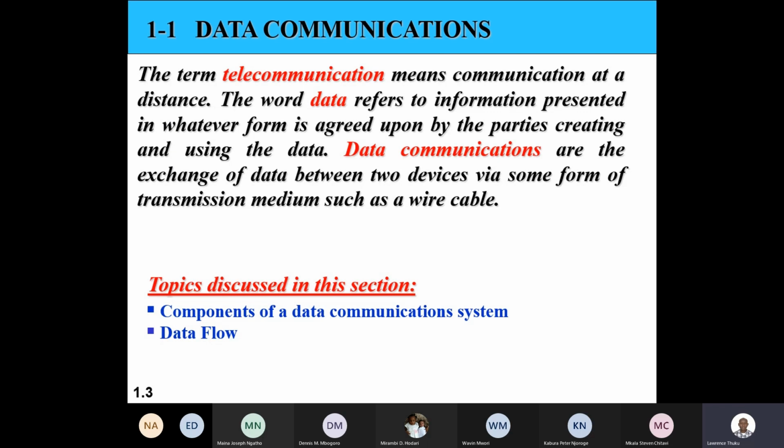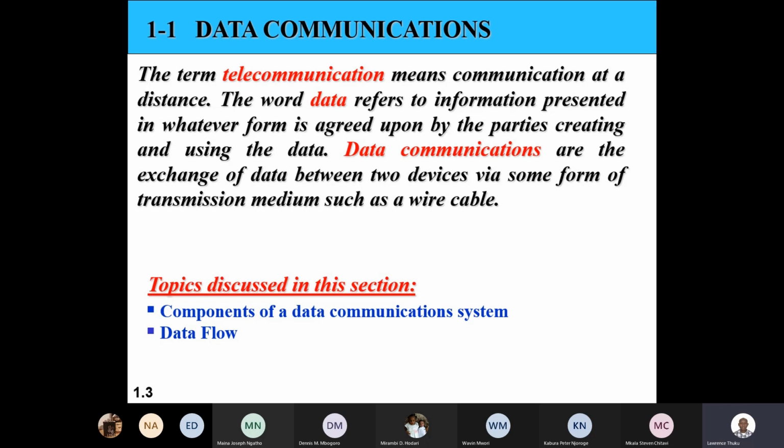It has been adopted in the computing field mainly because of the initial integration of telecom technology with computer technology, merging together to form that interface of sending and receiving data across a networked environment. So in telecommunication, it involves sending and receiving data at a distance.